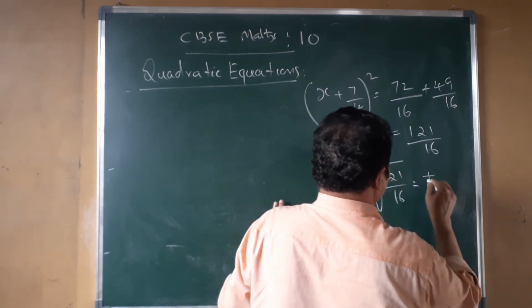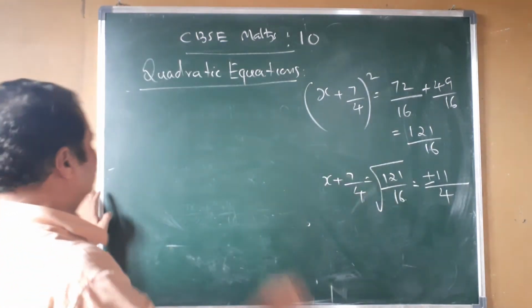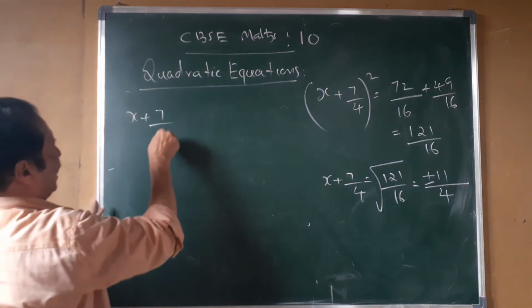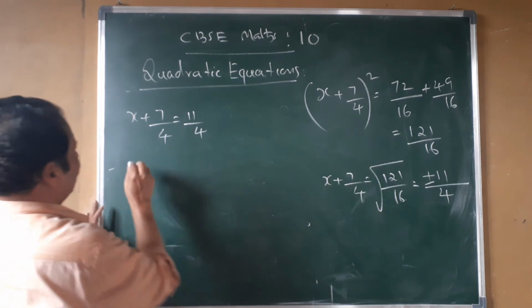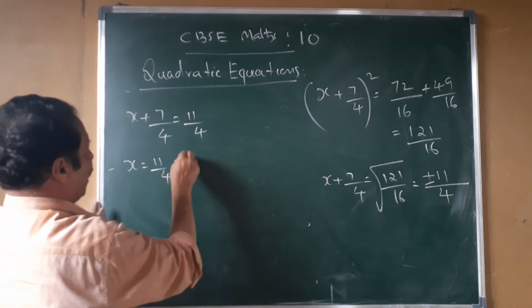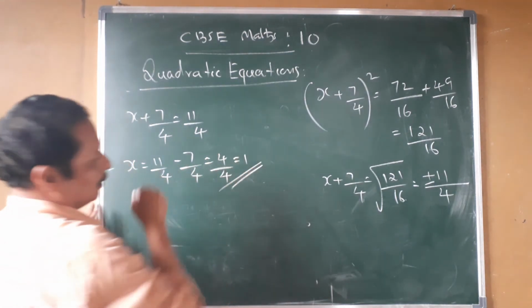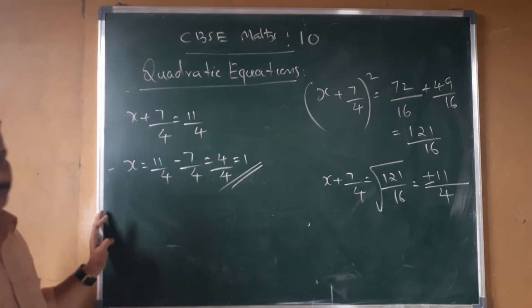Root 121 is 11 and root 16 is 4. Already you studied that. So x plus 7 by 4 equal to 11 by 4 is one answer. x is equal to 11 by 4 minus 7 by 4, which is 4 by 4. That's equal to 1. One of the answers.